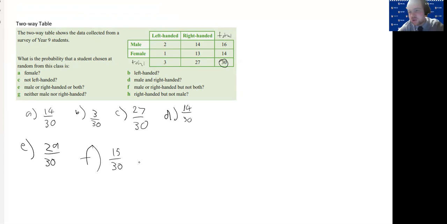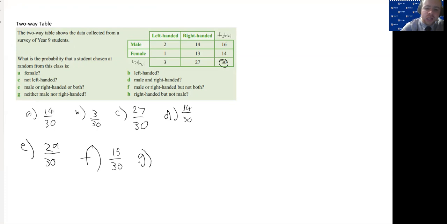That's really tricky about which categories, which numbers you're including. You're including all the male ones, but not including the right-handed males, so just the left-handed males. And you're including all the right-handed people, but not the male ones, so just the female right-handed people. So 2 plus 13 is 15.